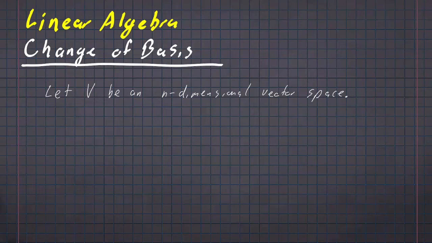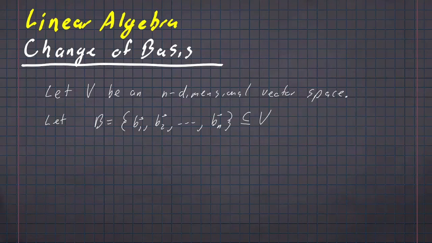So let's let V be an n-dimensional vector space. Let's take set B, which has n vectors, B1, B2 through to Bn.